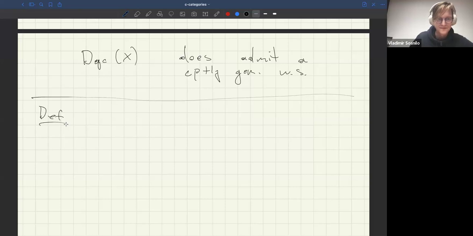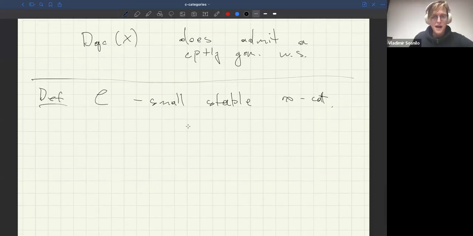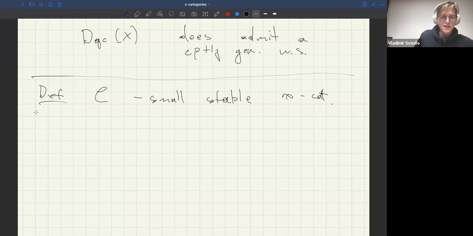So definition. Let C be a small stable infinity category. Now let me consider two conditions.